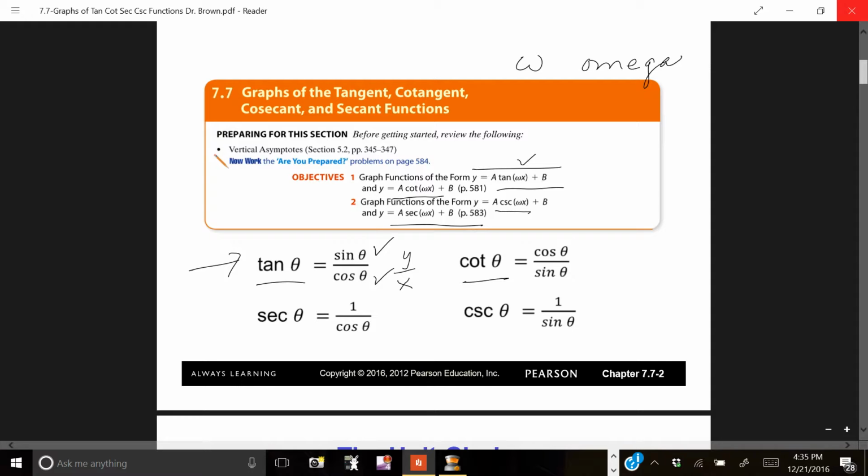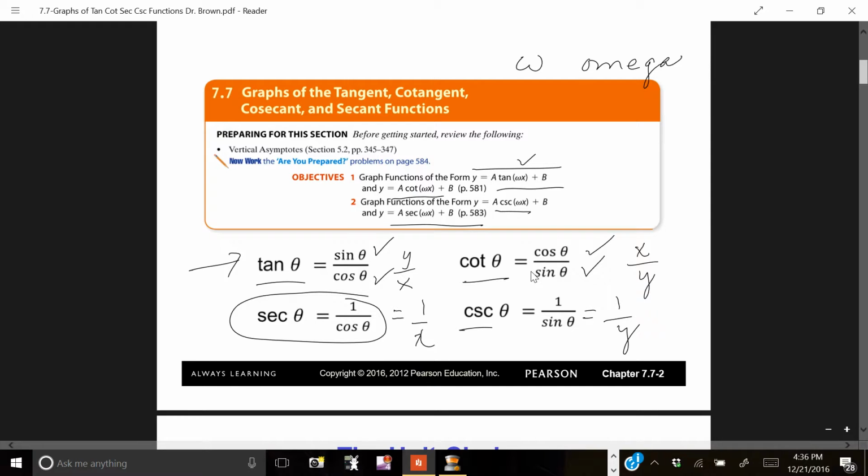But cotangent can be calculated by cosine of theta divided by sine of theta, and it's also equal to the x value on the unit circle divided by the y value. Secant theta is equal to 1 over cosine theta, which would also be equal to 1 over the x value on the unit circle, and cosecant would be equal to 1 over sine of theta, which is equal to 1 over the y value of the unit circle.